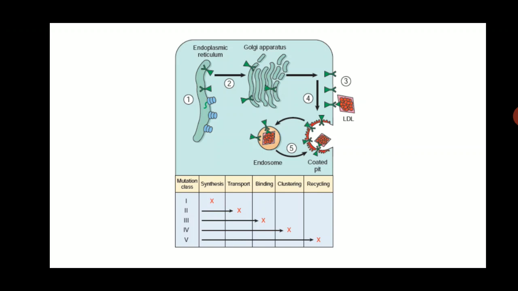If the receptor is totally not synthesized, then this is known as class 1. Class 2 hypercholesterolemia occurs when it is synthesized but it is not transported. Class 3 occurs where it is synthesized and transported, but it fails to bind with the LDL.